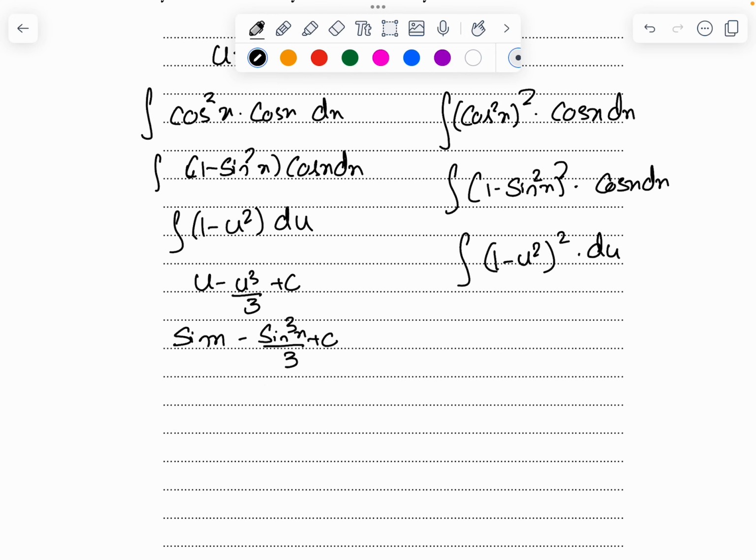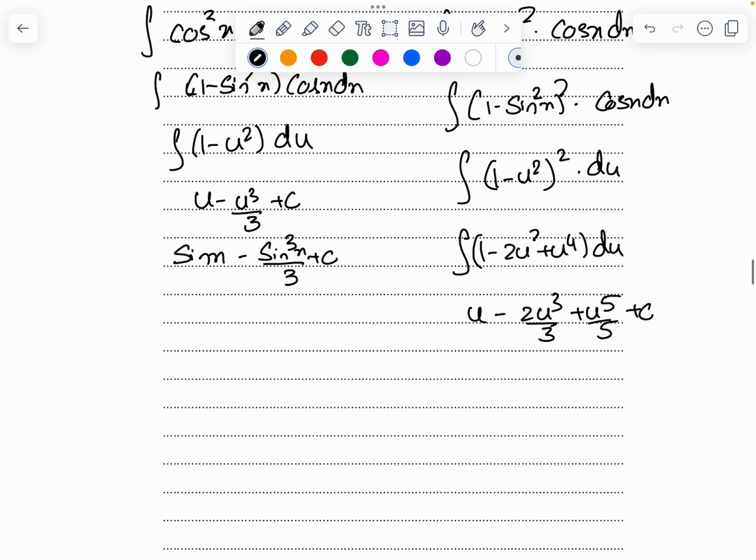So it becomes 1 minus 2u square plus u power 4 du. So it becomes u minus 2u cube by 3 plus u power 5 upon 5 plus c. So the answer is going to be sin x minus 2 sin cube x upon 3 plus sine to the power of 5 x upon 5 plus c.